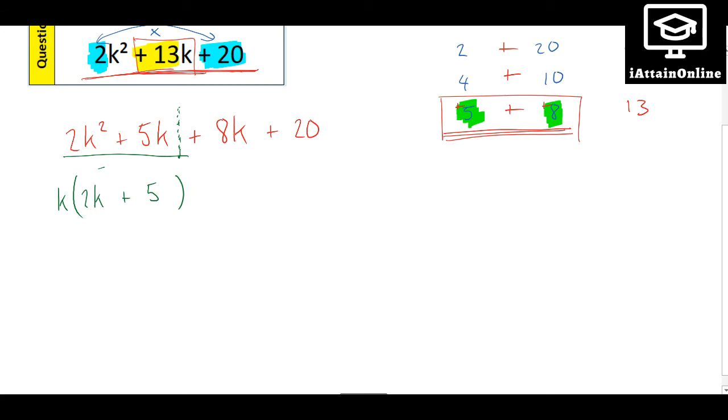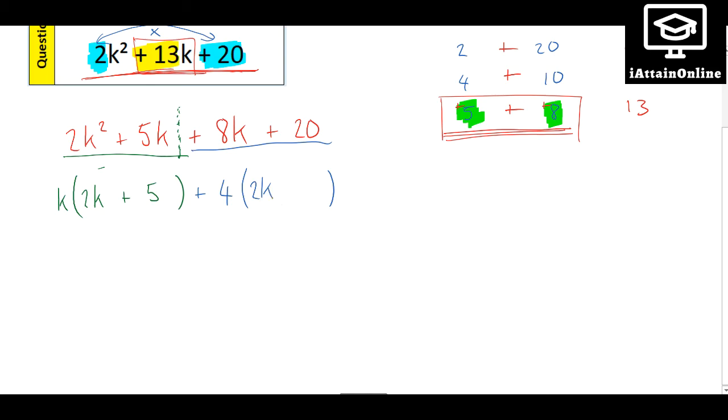Then I'm going to look at the right-hand side, because we factorised that left-hand side. I'm just looking at this bit. The highest common factor of positive 8k and positive 20 is a positive 4. So that goes outside the bracket. If I've got 4, I would need to multiply it by 2k to get 8k.